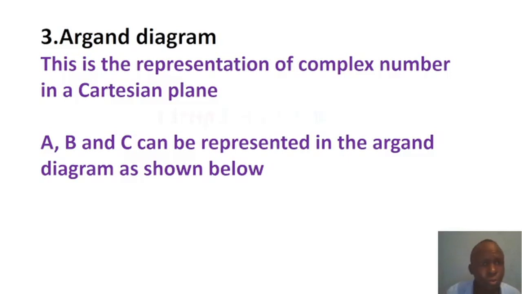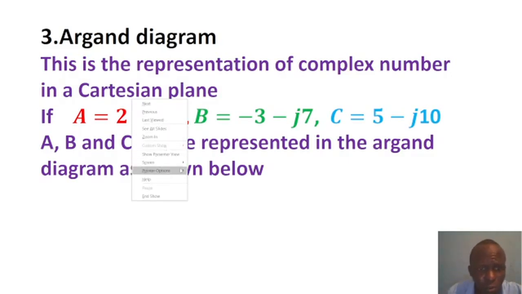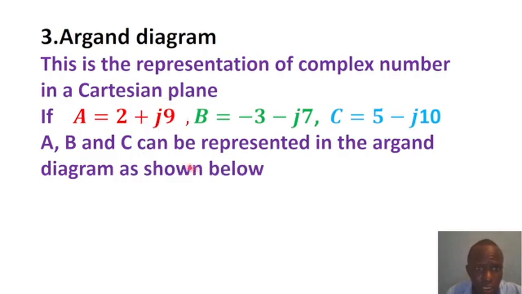Now, if we have the numbers a is equal to 2 plus j9, b is equal to -3 minus j7. Now, don't be confused or worried if this j comes before the number.